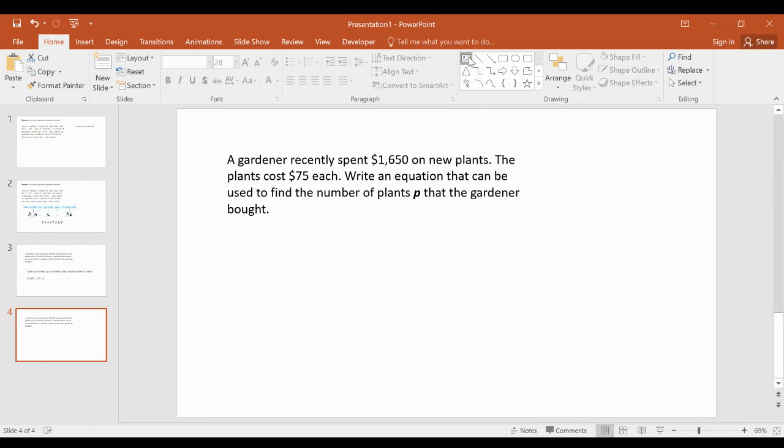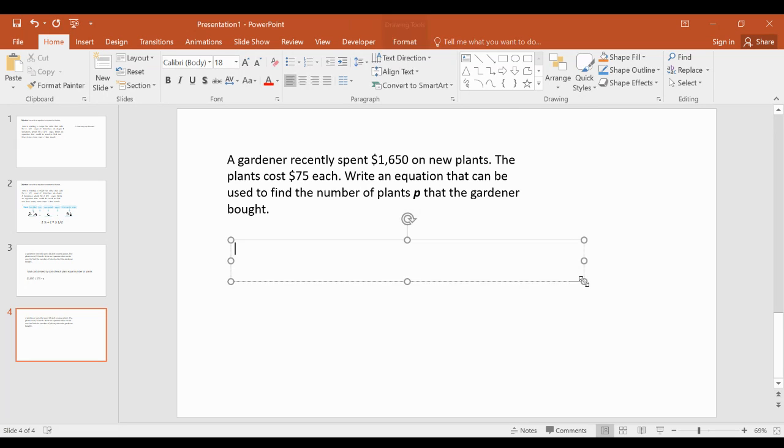Another way that I can think about this to solve for this unknown number of plants that the gardener bought is to think about it first. The cost per plant, if I take the cost per plant and multiply that by the number of plants, I'm going to take what each plant cost and multiply that by the number of plants, that should give me my total.